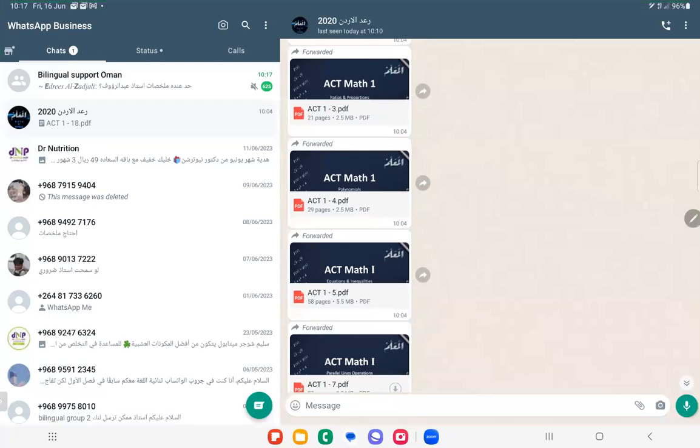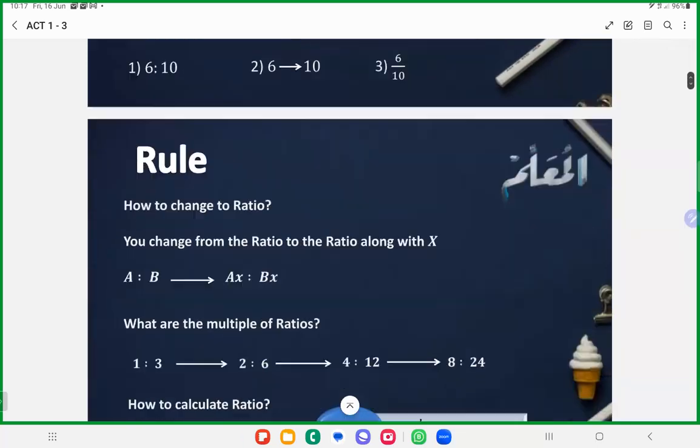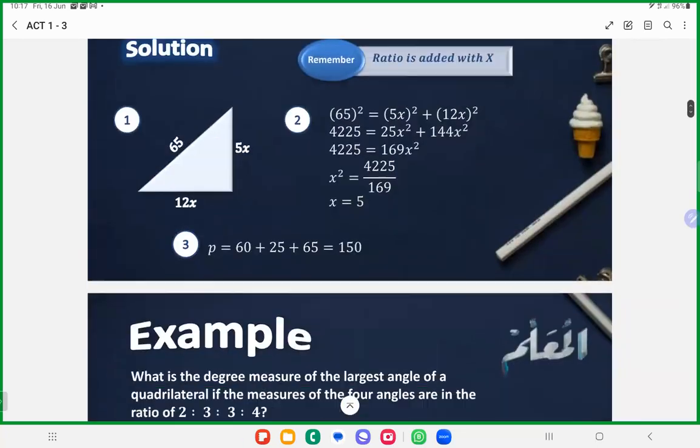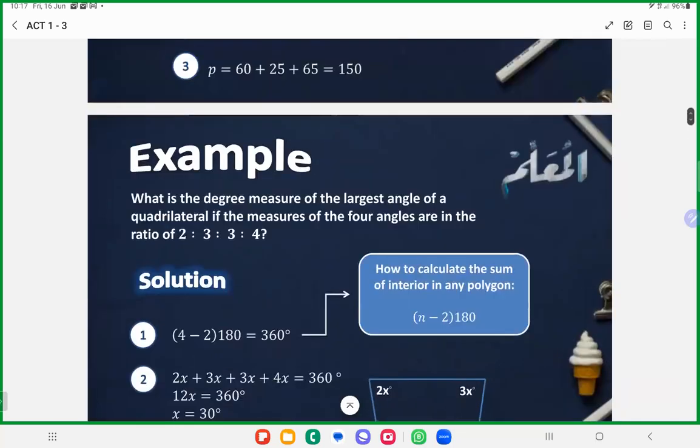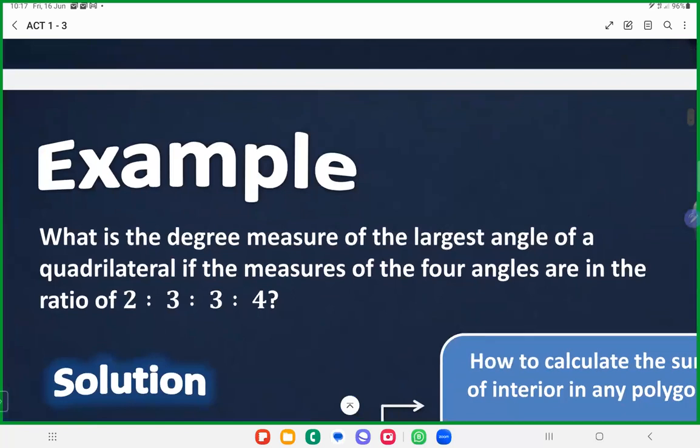The second one is about ratio. Such kinds of questions come a lot in the M1, in different forms. The question is asking: what is the degree measure of the largest angle of a quadrilateral if the measures of the four angles are in the ratio of 2 to 3 to 3 to 4?